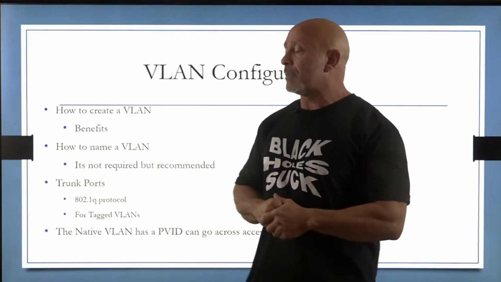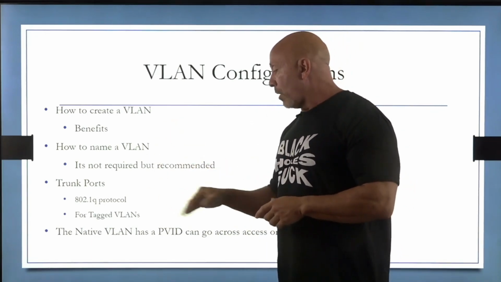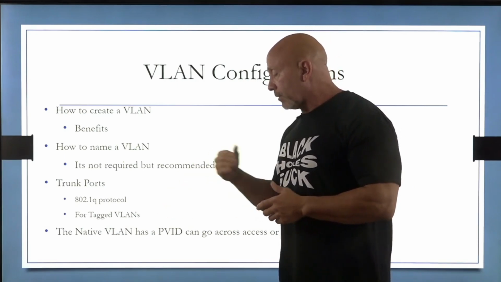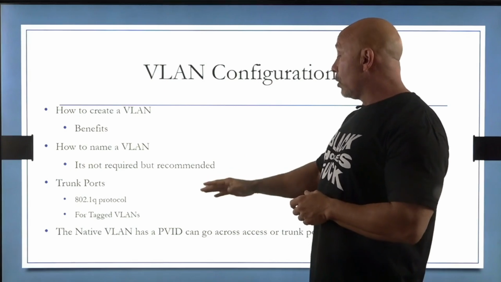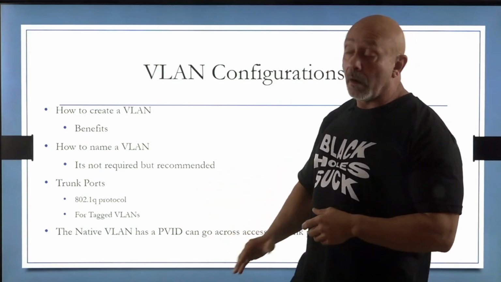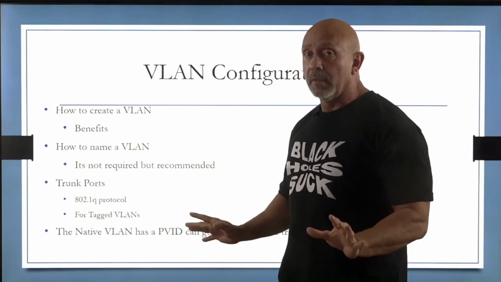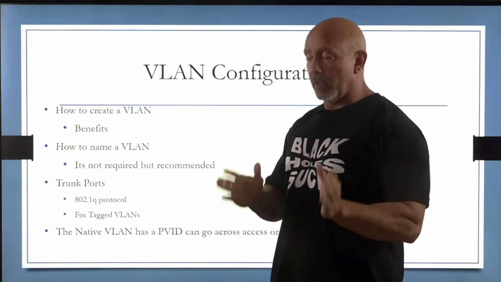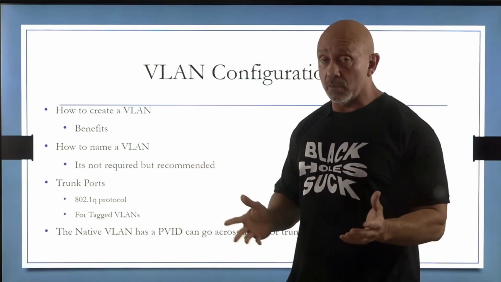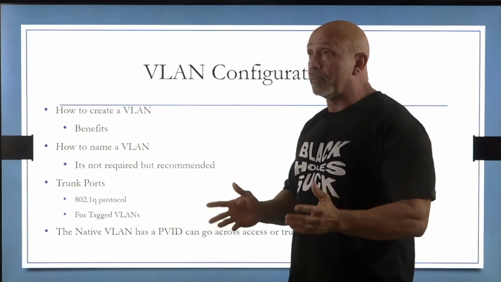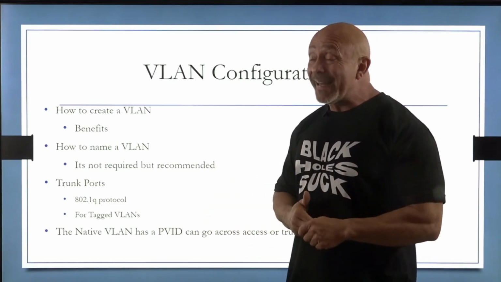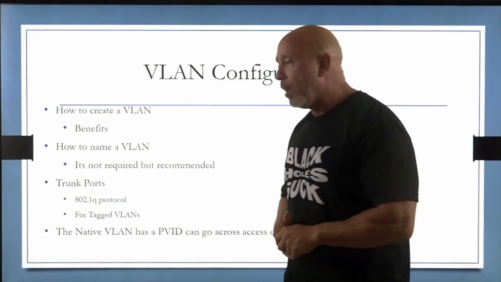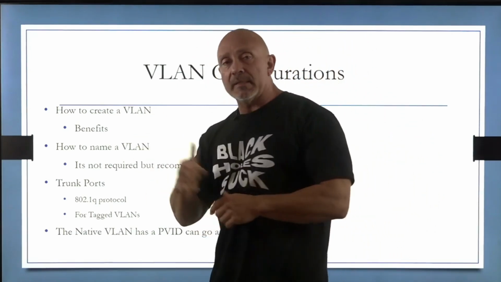I talk about it inside the labs as well, but I want to make sure that you understand that. Yes, you need to make sure that your native VLANs are all the same number. If it's 99, if it's 200, if it's 1, if it's 5, whatever it is, they all have to be the same. Or you may run into issues, because you will have a native VLAN mismatch start popping up. With that said, I'll see you in the next.